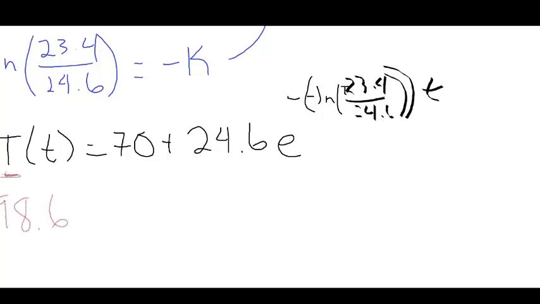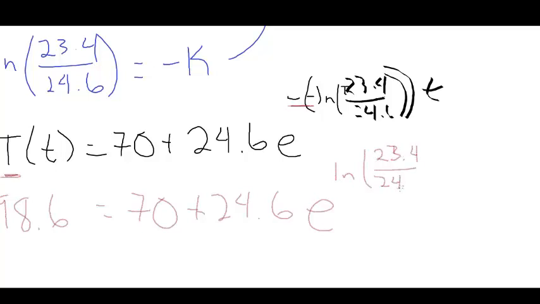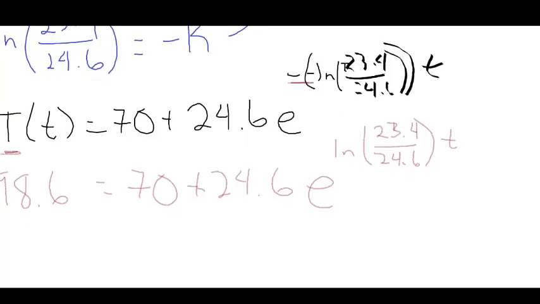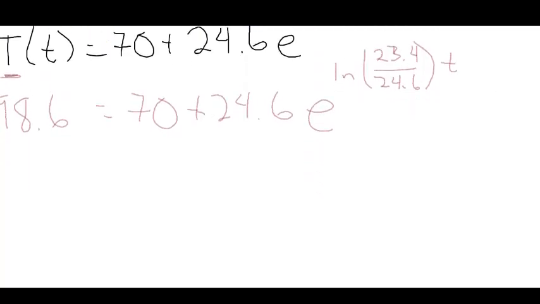So 98.6 equals 70 plus 24.6 e, and now those two negatives will cancel, and that'll give me ln of 23.4 over 24.6 times time. Then we have to solve for time, the same way that we solved for k previously. First subtract 70, and then divide by 24.6.